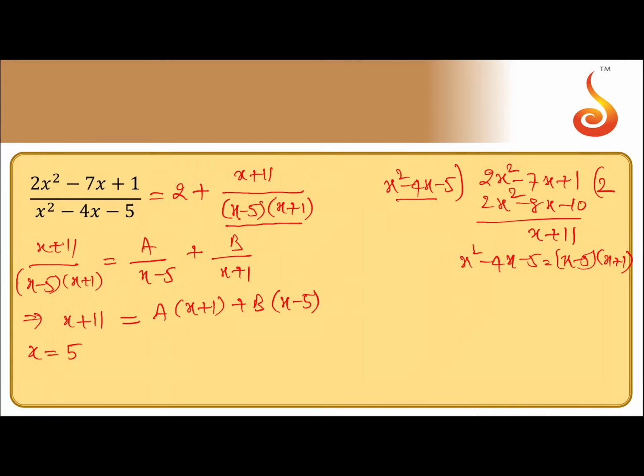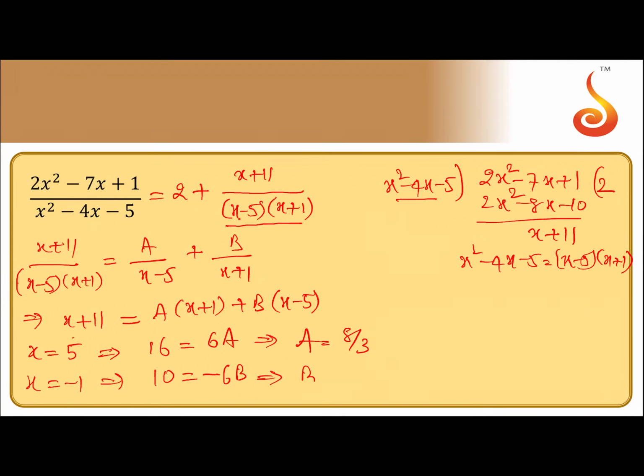Substituting x = 5 in this expression gives us 16 = 6a, and therefore a = 8/3. And substituting x = −1 in the above condition, you get 10 = −6b.